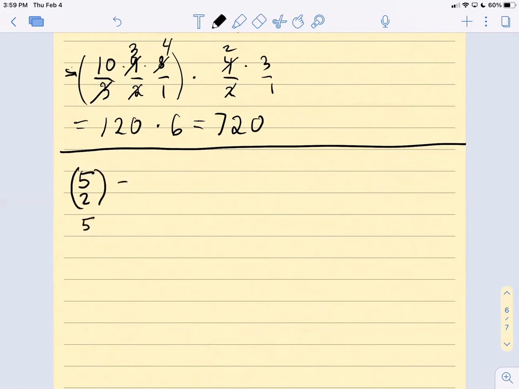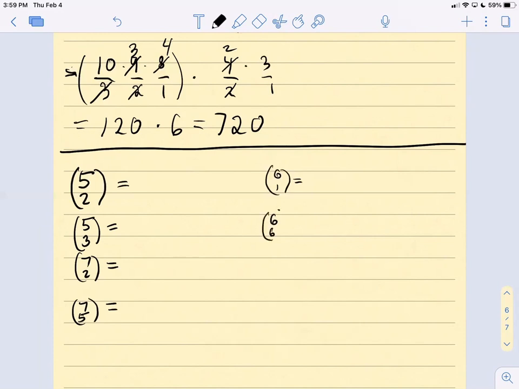So 5 choose 2, 5 choose 3, 7 choose 2, then 7 choose 5, and then over here 6 choose 1, and 6 choose 6.